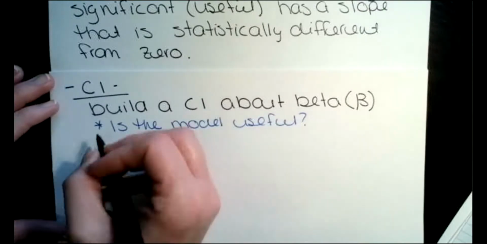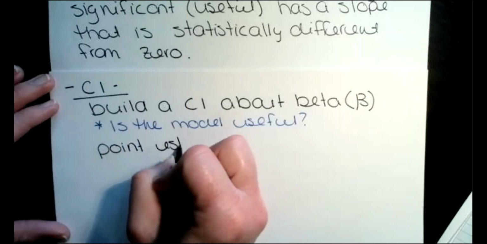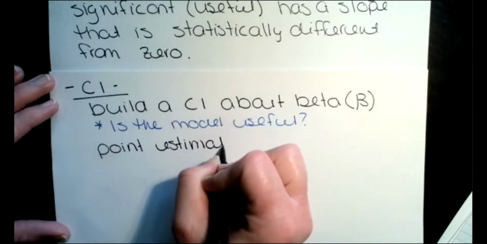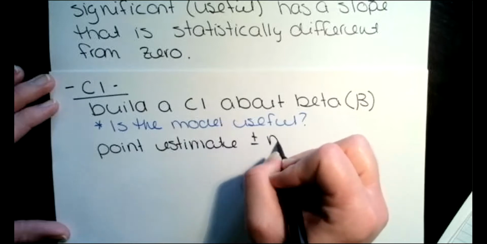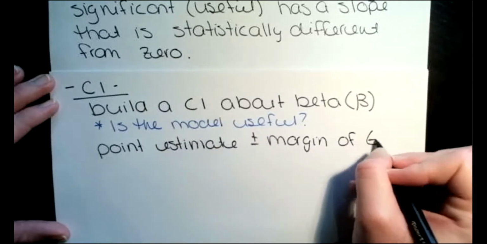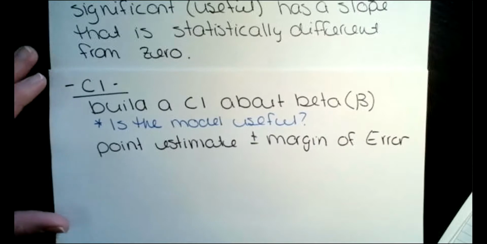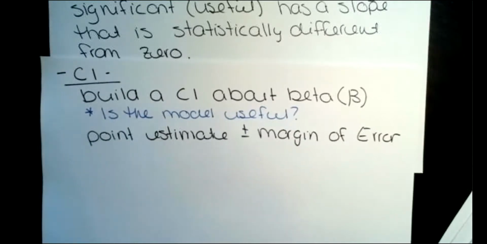Of course, when I'm building a CI, the same formula as always. Point estimate plus or minus margin of error. And you know, when we're looking at this, it just depends on what my problem is, depends on what I'm plugging in here, okay?